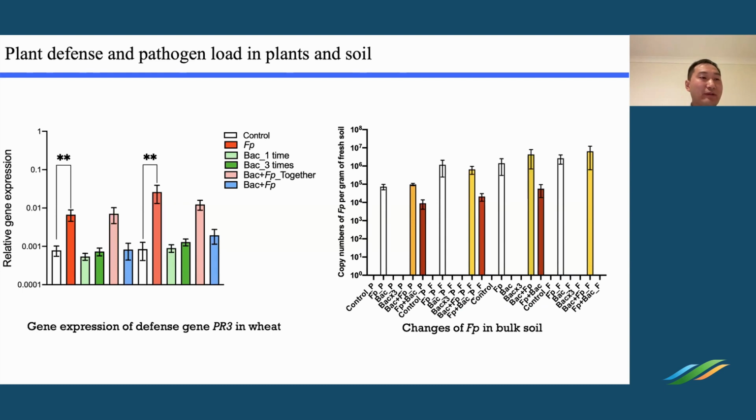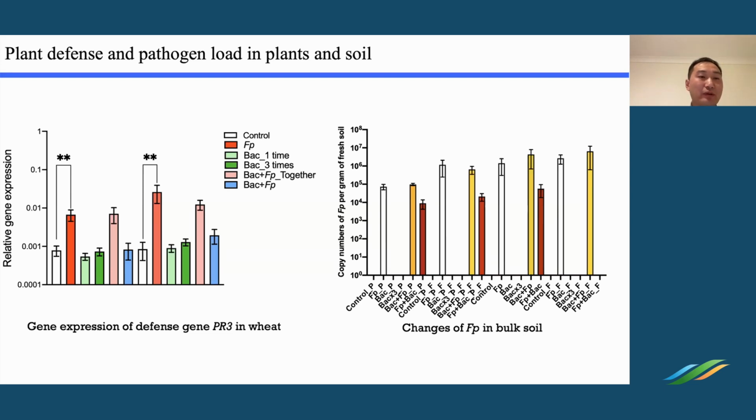Upon further examination of the plants treated with the bacterium and the pathogen, we discovered that the expression of plant defense genes was impacted by both treatments, by either the beneficial bacterium or the pathogen. However, these findings are based on my preliminary analysis, and more detailed analysis in the future is expected to provide deeper insight into the mechanistic interactions among the plant, the bacterium, and the pathogen.